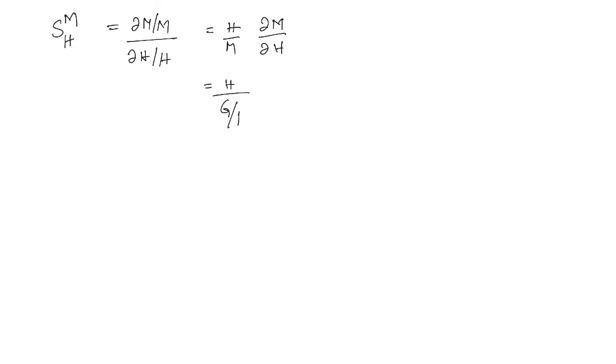Similarly, you can find out the sensitivity of the transfer function with respect to the feedback path transfer function, which is H. This will be equal to percentage change in M divided by percentage change in H. So this you will get as H by M into partial differentiation of M with respect to H. Here we can write G by 1 plus GH into ∂/∂H of G by 1 plus GH.